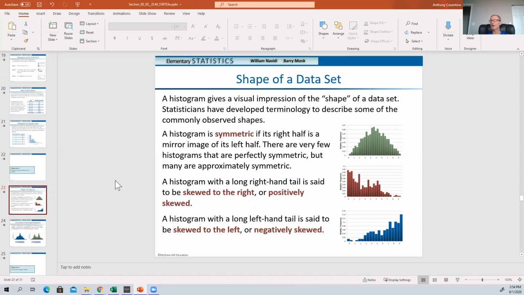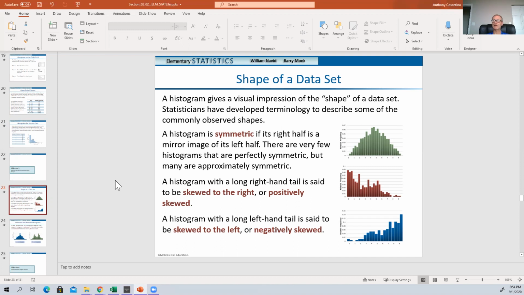And so if we have the red histogram where the right tail is small and most of the data is to the left, they call that skewed to the right. And then you can see that where the left tail is long in the data in the blue, the bottom one, we call that skewed to the left.